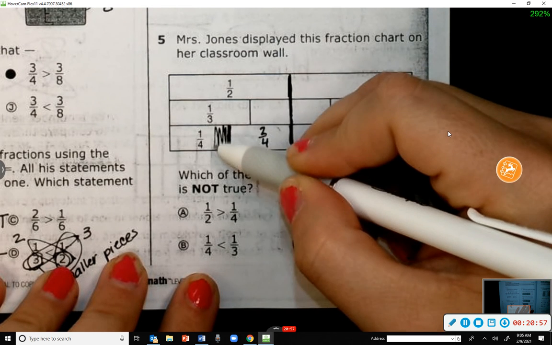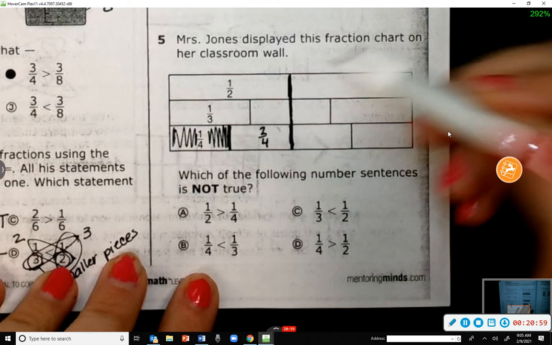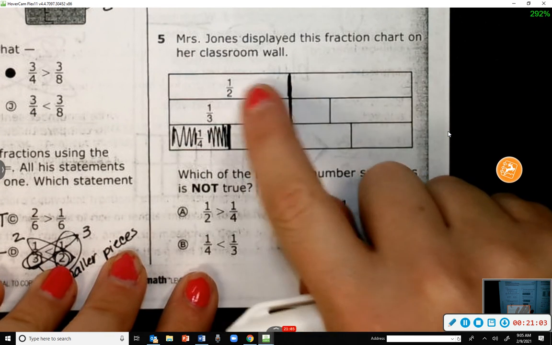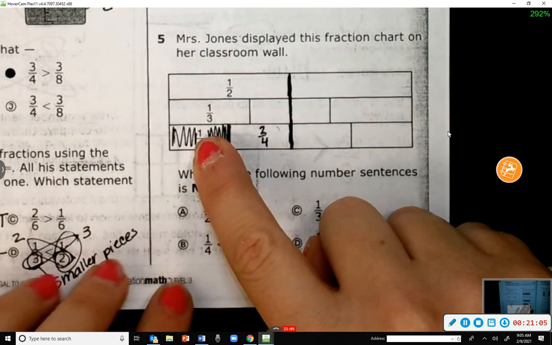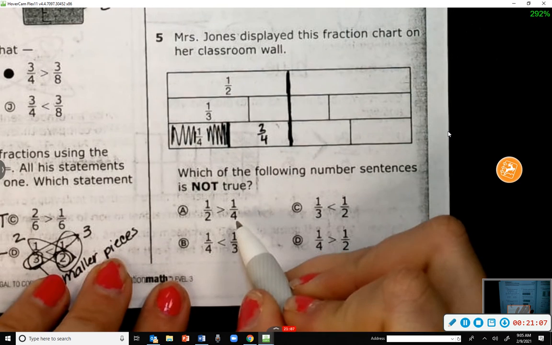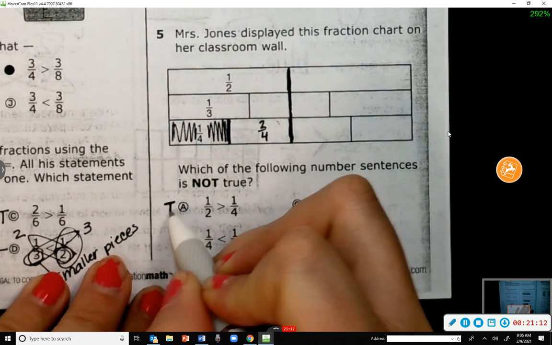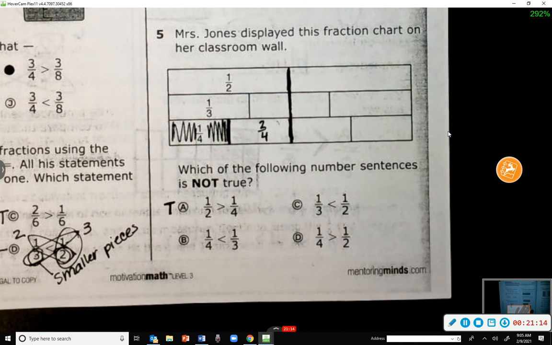Here's 1/4. So is 1/2 greater? Is this a bigger piece than this one? Yes. So this is T or NT? T. Good. Evangeline, can you sit up, please? Not nap time. B. 1/4 is less than 1/3.